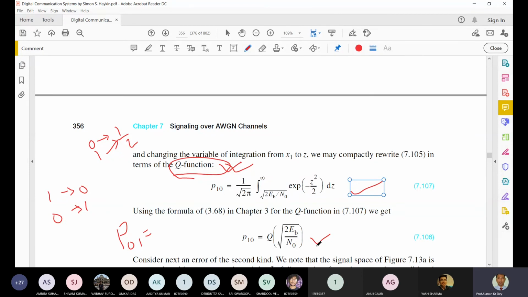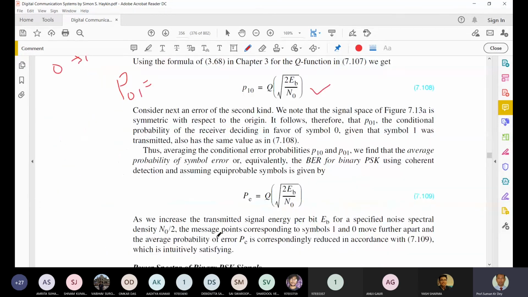So now if we average the conditional error probabilities P10 and P01, then we can find the average probability of symbol error, or equivalent BER, equal to this expression, Pe total error.